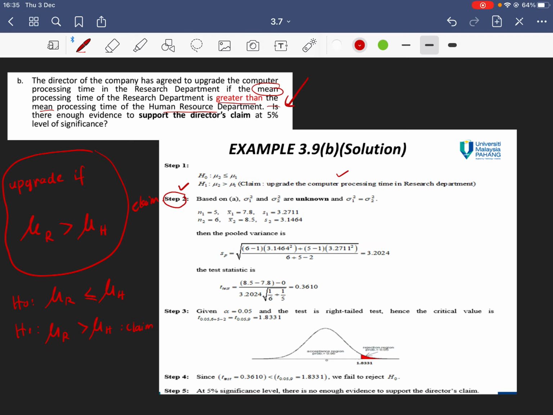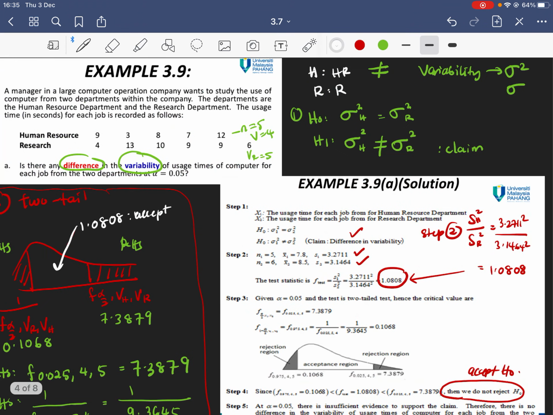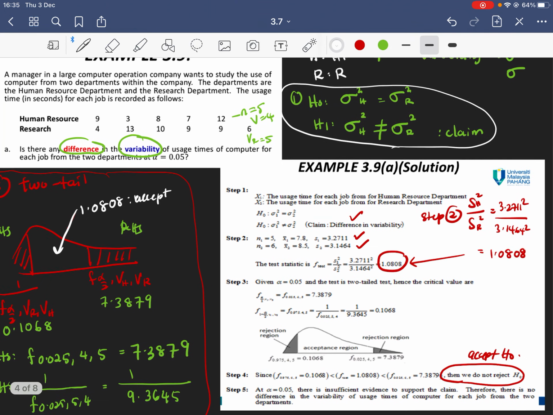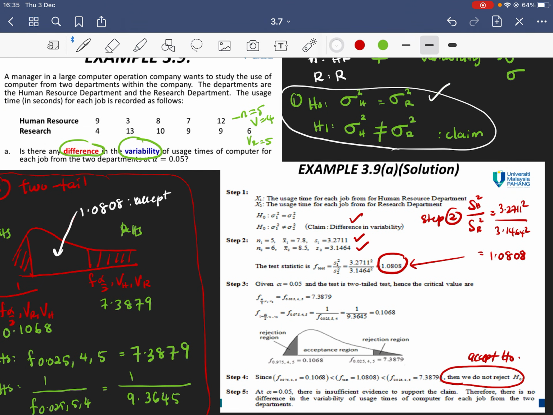Because in this question, they do not mention assuming both population variances are equal or unequal. You don't know. How do you want to get the information? So the information actually we can get from here, this one. Okay, so this one, our conclusion just now is accept H null. So equal or unequal?